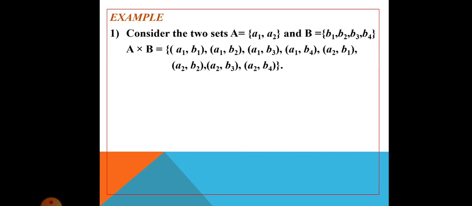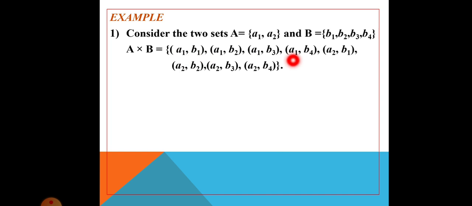The Cartesian product A cross B is equal to the set of all ordered pairs such that the first element belongs to the first set and the second element belongs to the second set. First we have to make the ordered pairs with a1: (a1, b1), (a1, b2), (a1, b3), (a1, b4).